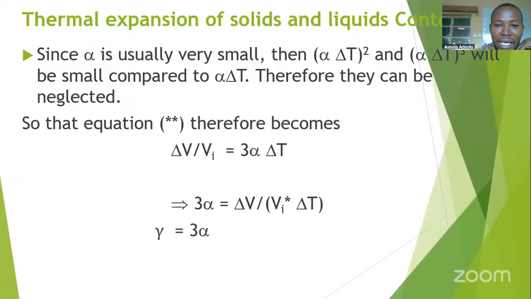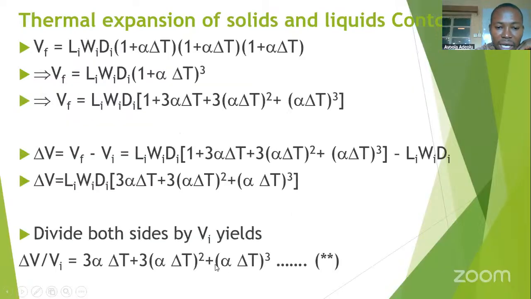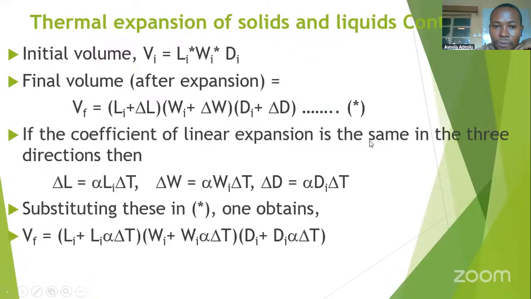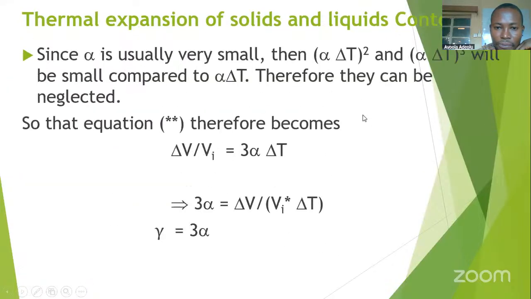So the second term on the right hand side, this term that I just said, and this term will be very small compared to alpha delta t. Therefore, they can be neglected. So equation star becomes what we have here.